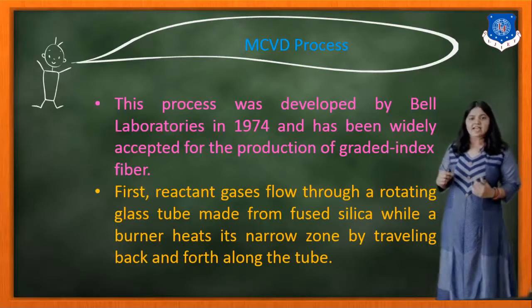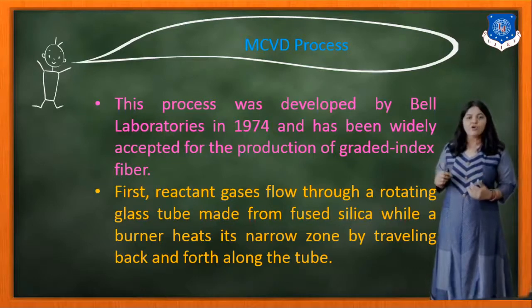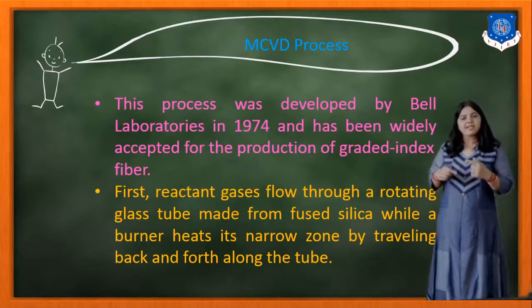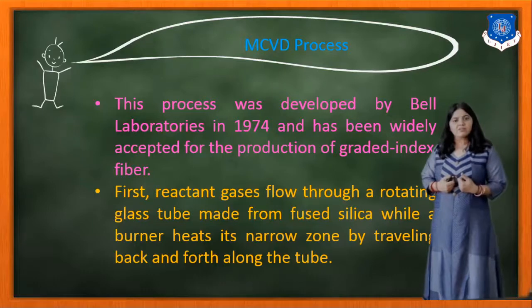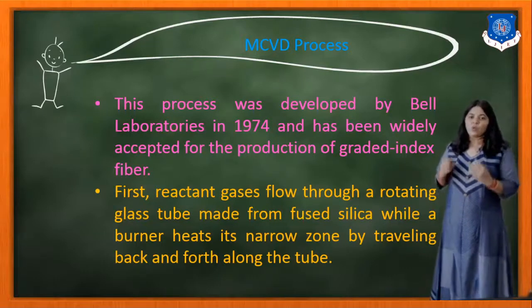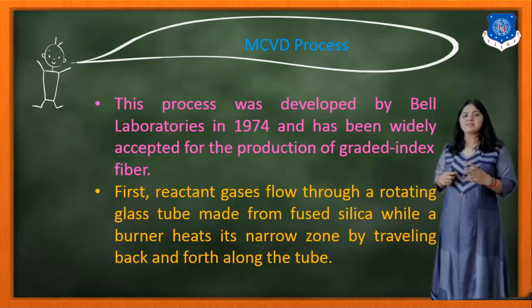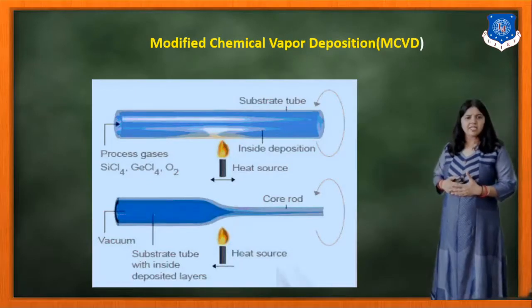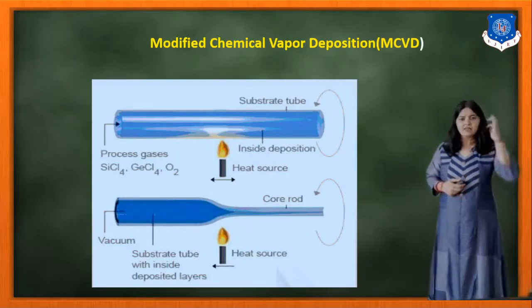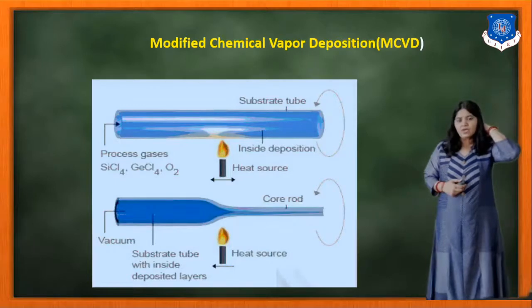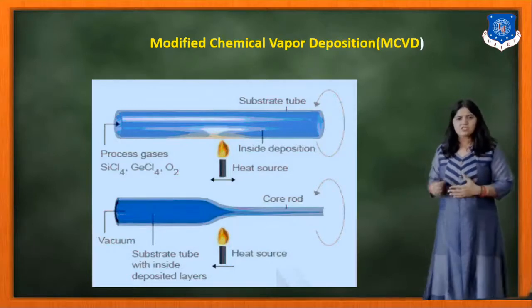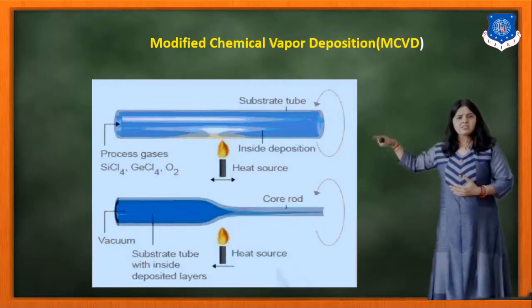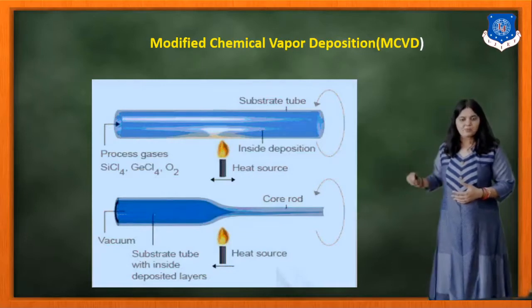The reactant gases flow through a rotating glass tube, which is made of silica, while a burner heats a narrow zone by traveling back and forth along the side. Here you can see the material inside this: SiCl4, GeCl4 and O2, that is oxygen, and this way the inside deposition takes place.